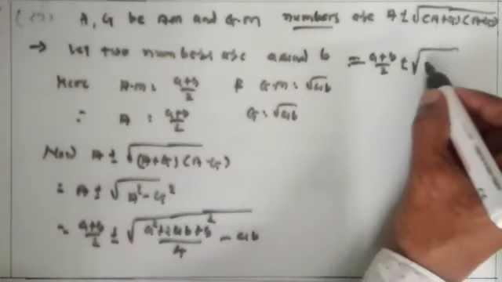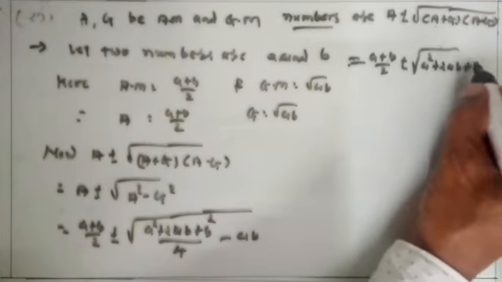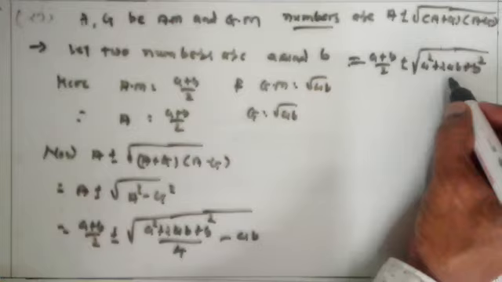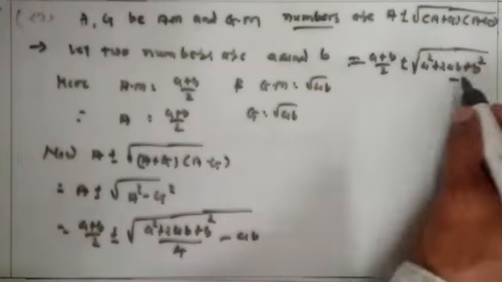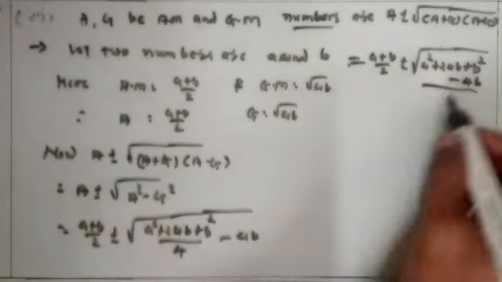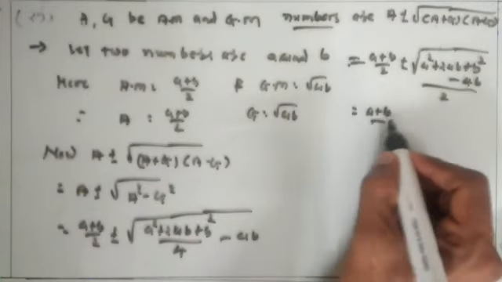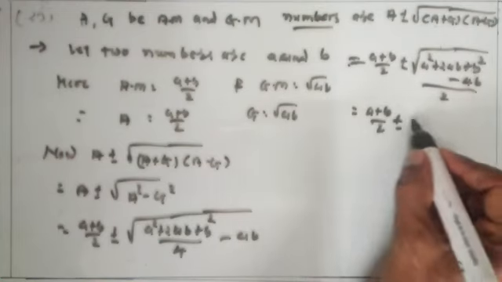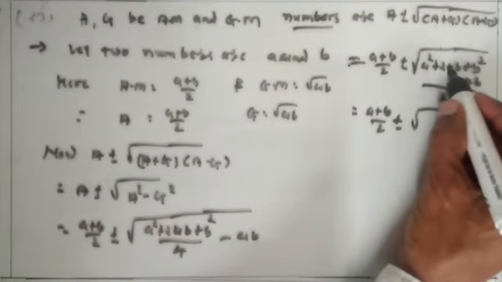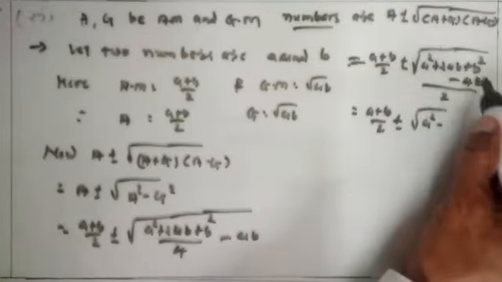So we get a square plus 2ab plus b square minus 4ab upon, square root of 4 is 2. So it is equal to (a plus b) upon 2 plus or minus root of, here it becomes a square, 4ab minus, plus 2ab becomes minus 2ab.